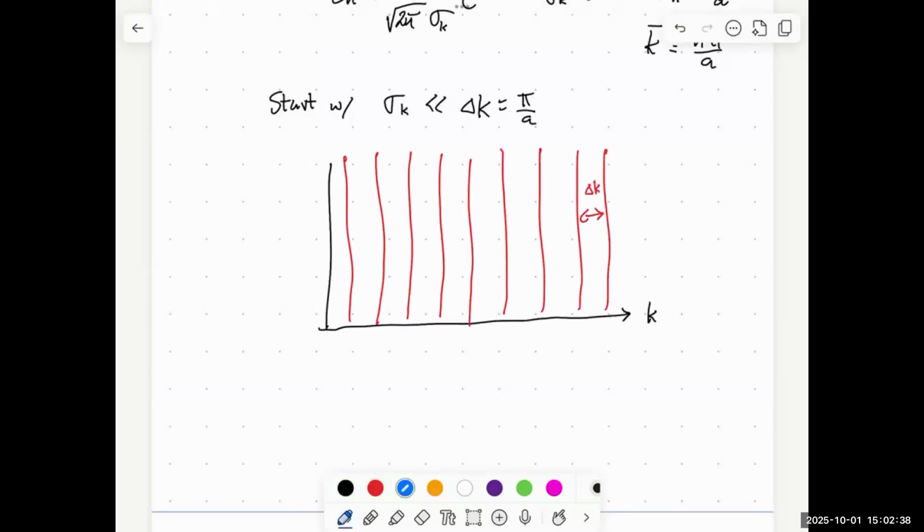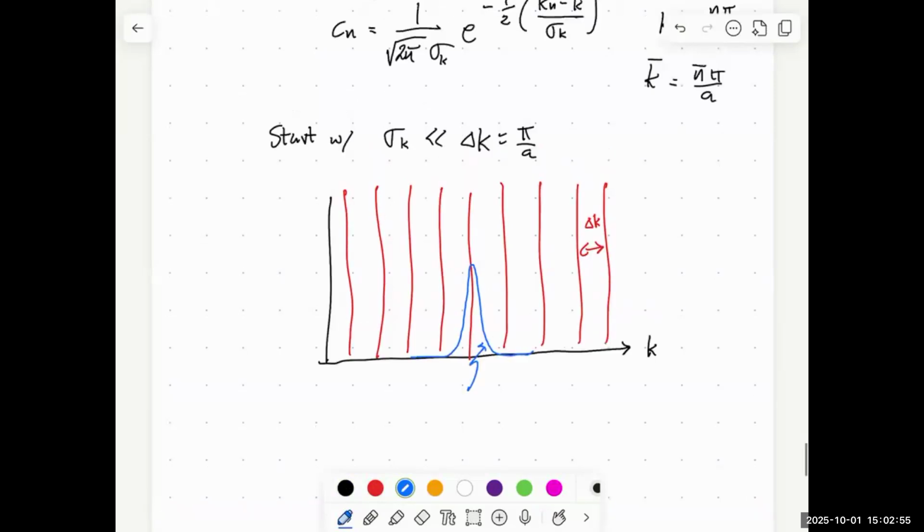I'm going to choose my Gaussian distribution so that it's narrow compared to the spacing, like some sharply peaked Gaussian. My C_n's are drawn from this distribution. There would be one here, one here, and here, and here, but all those ones are going to be 0. And so we're only going to have one state really contributing initially.